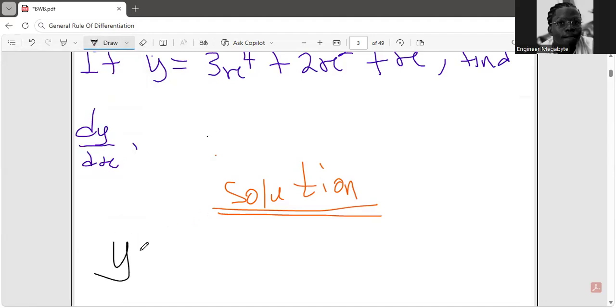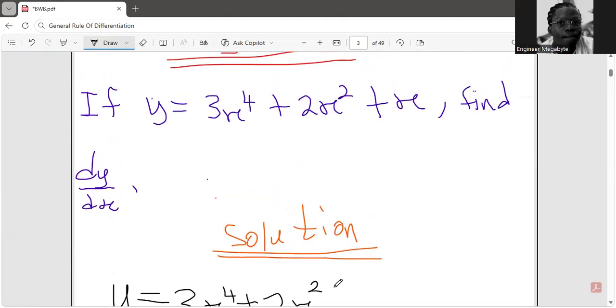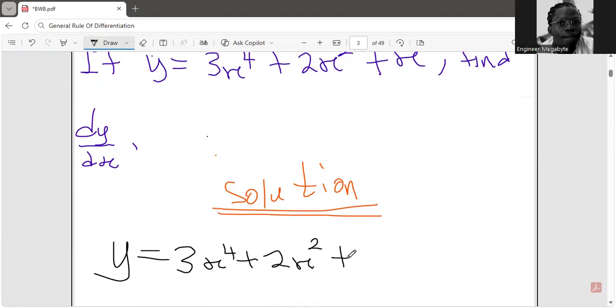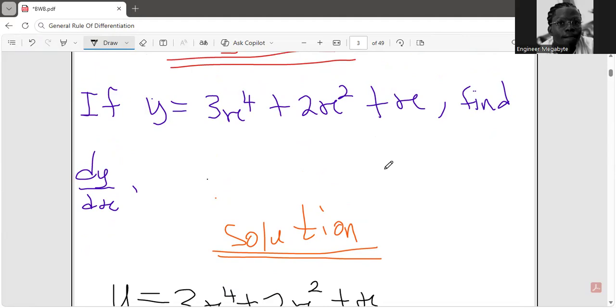We were given that y is equal to 3x exponent 4 plus 2x squared plus x.